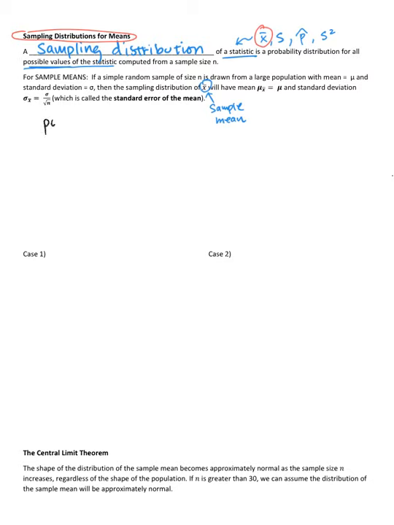Here's an example. Let's say we have a population: students at West Los Angeles College. That's going to be our population. Let's say we're interested in figuring out the average amount of time students spend on social media every day.